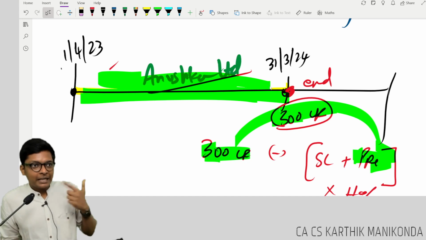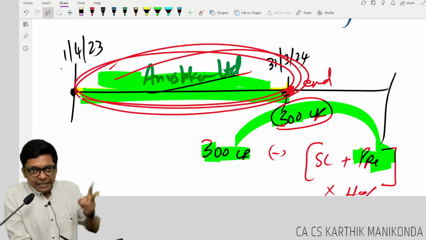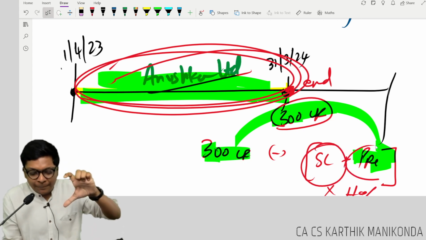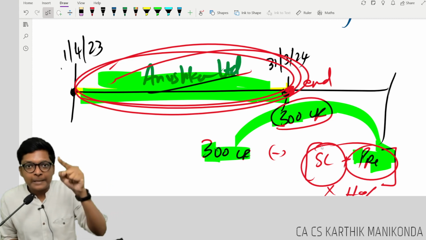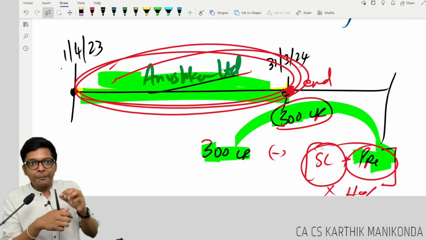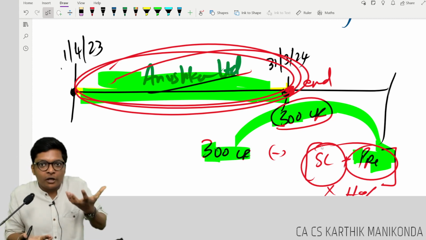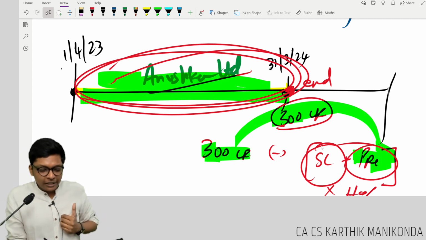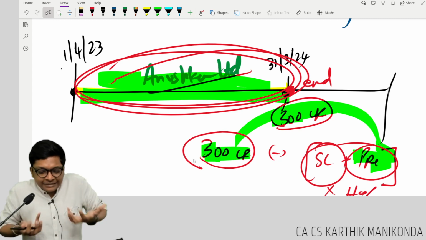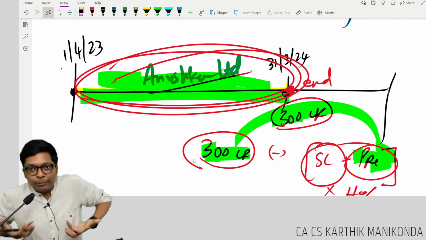Correct? In all the sums, the cost of investments paid includes two elements, net assets. The net assets is share capital plus pre-acquisition profits. Yes or no? That means, like how Sumaya paid 30 per share, which is inclusive of 20 for investment and 10 for dividend, Virat Kohli paid 300 for buying Anushka Limited. That 300 comprises share capital and pre-acquisition profits.